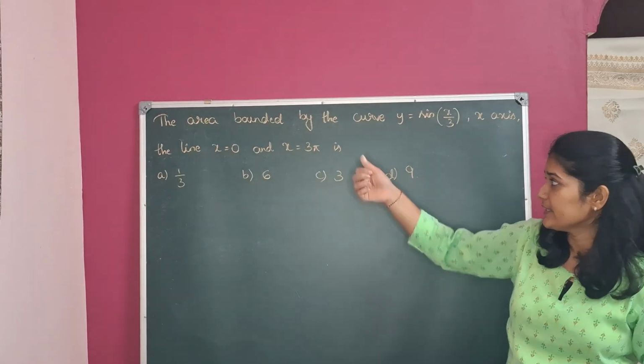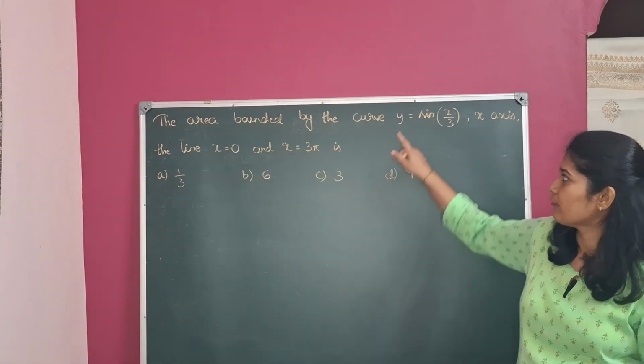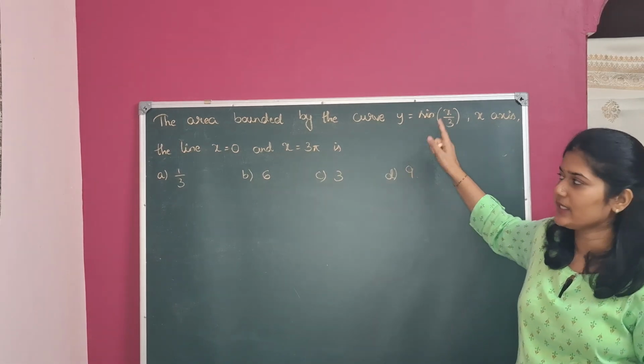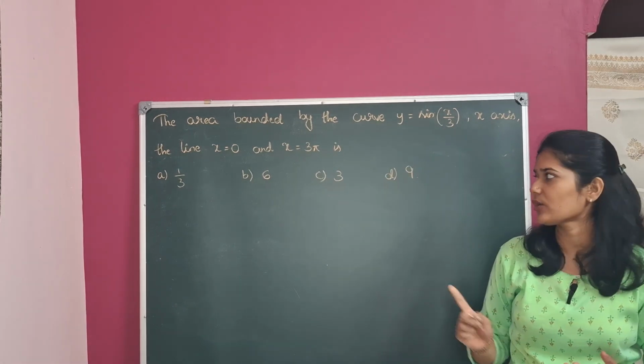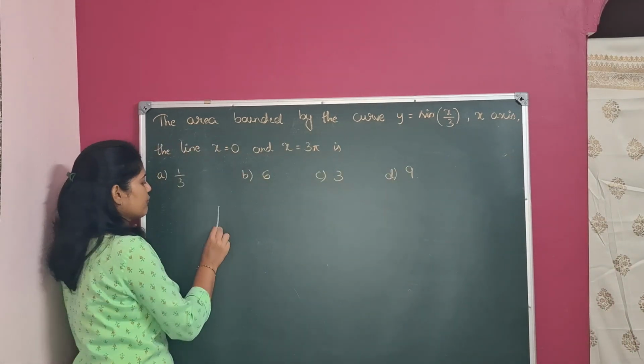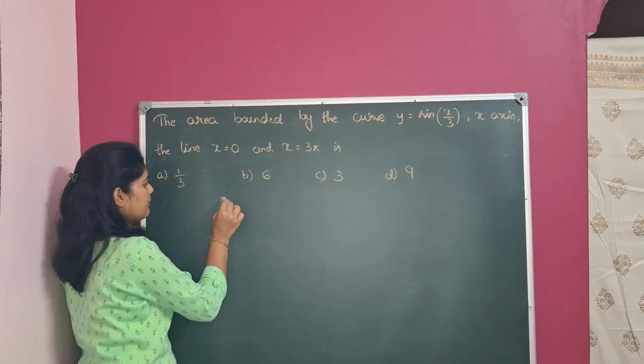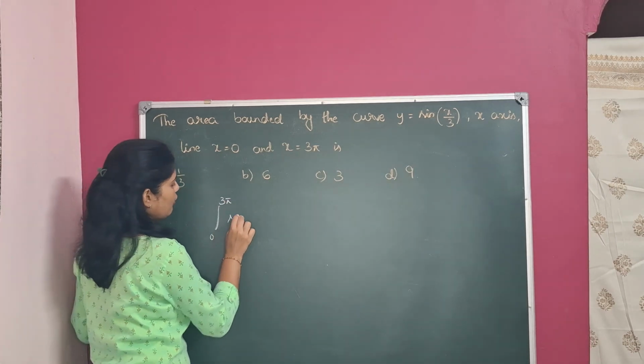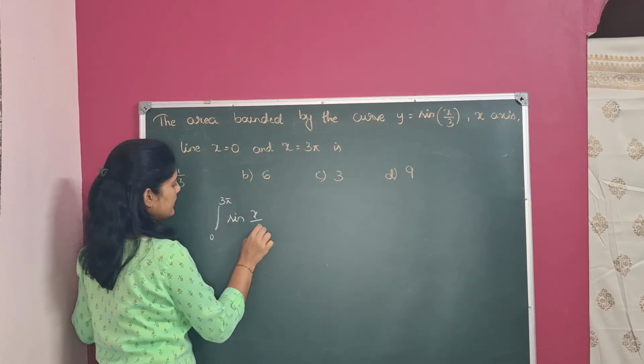So we have to find the area bounded by the curve y equal to sin x by 3 and the lines x equal to 0 as well as x equal to 3 pi. That means we have to find the integral from 0 to 3 pi of sin x by 3.